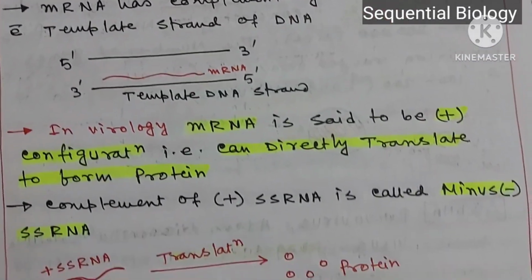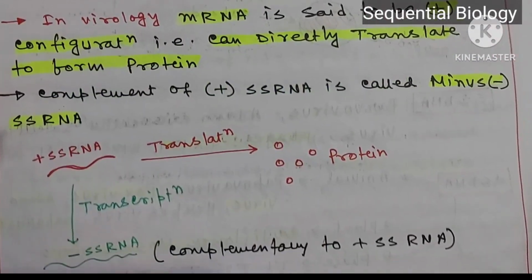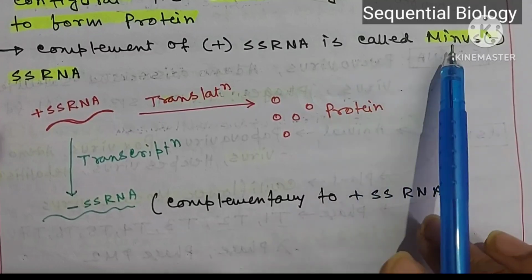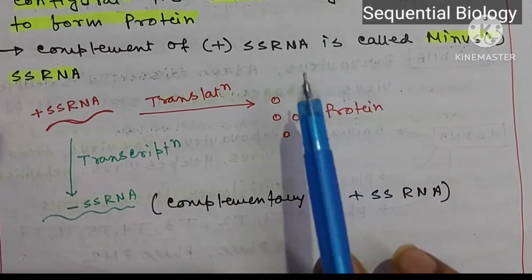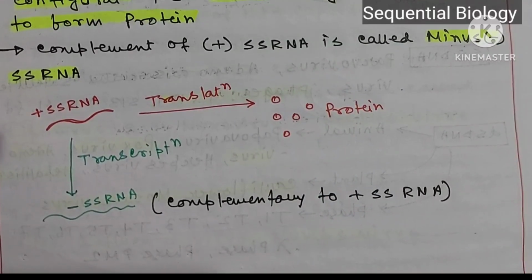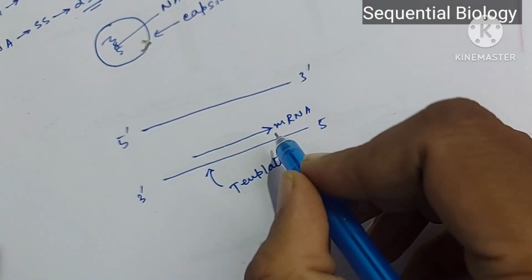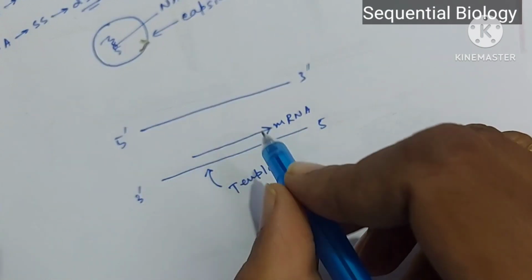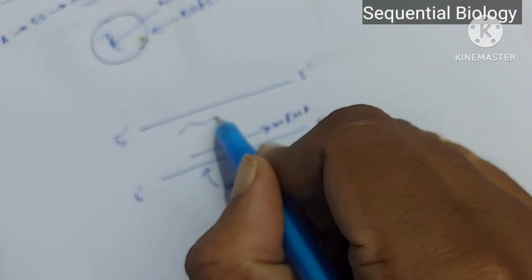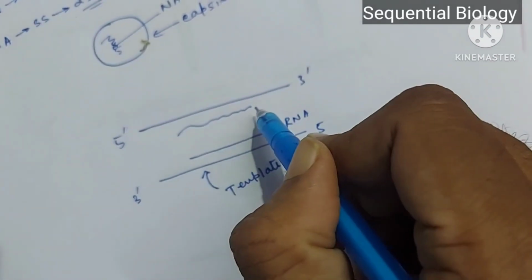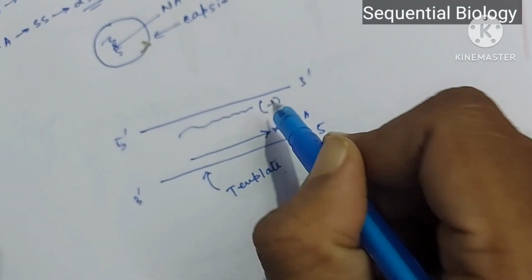The complementary strand of plus ssRNA is called minus ssRNA, and the minus ssRNA is also called the antisense strand. Sometimes in viruses a few RNAs can be found that are complementary to the original RNA, and this is regarded as the minus strand.